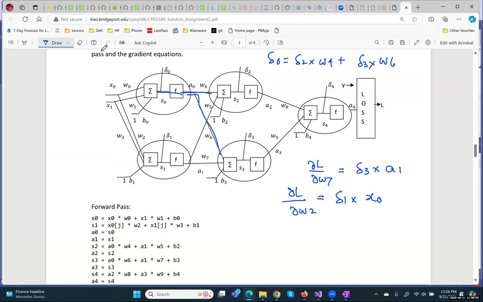Okay, so in this 5 neuron example, suppose I ask you, give me the equation for delta 1 if the activation function is sigmoid.